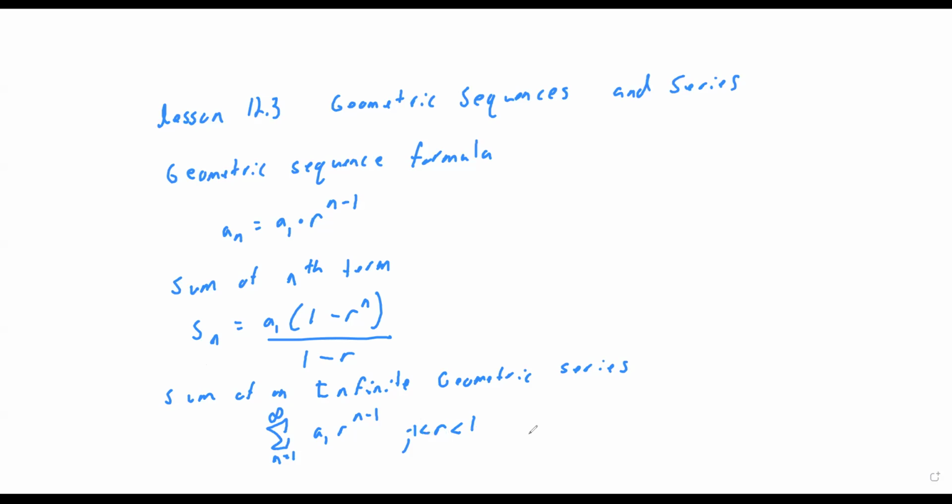So as long as r is between 1 and -1, it will converge. And if it converges, the equation for that would be s equals a sub 1 over 1 minus r. If the absolute value of r is greater than 1, then it will diverge and it won't add up to anything.